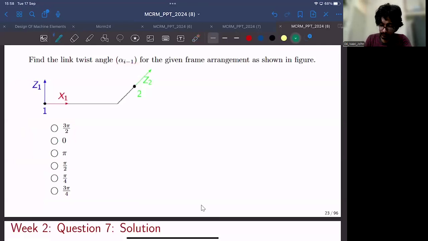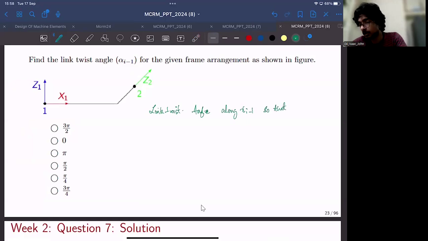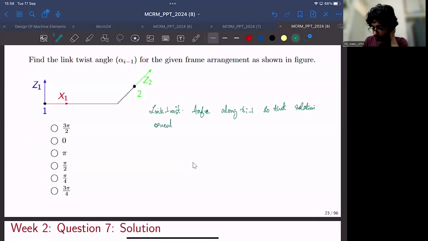So the link twist angle, if you can recall the definition, is nothing but the angle along x i minus 1, so that the relative orientation between z i minus 1 and z i are taken care of.